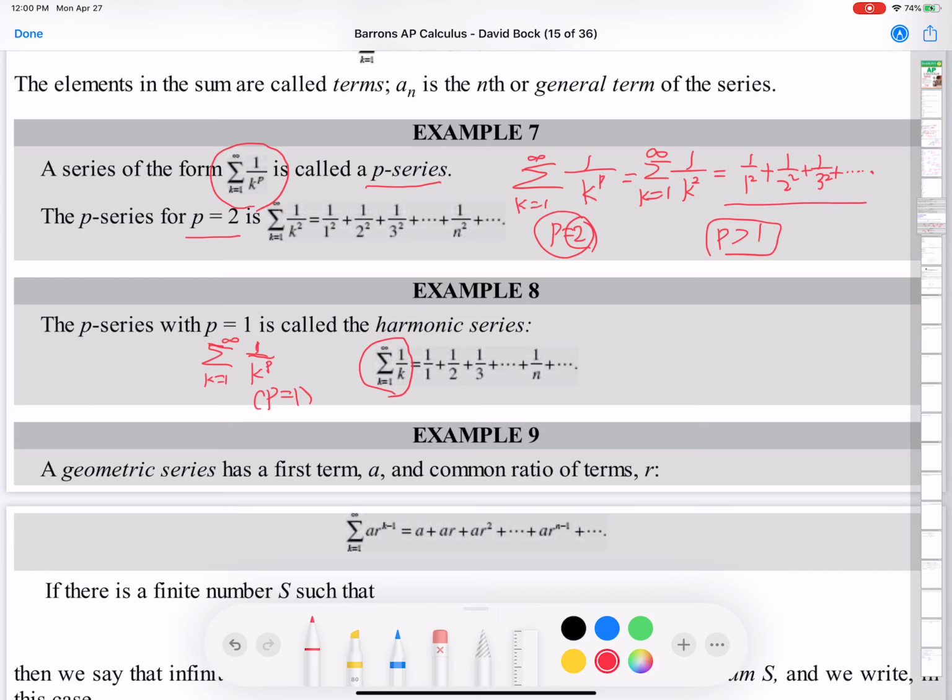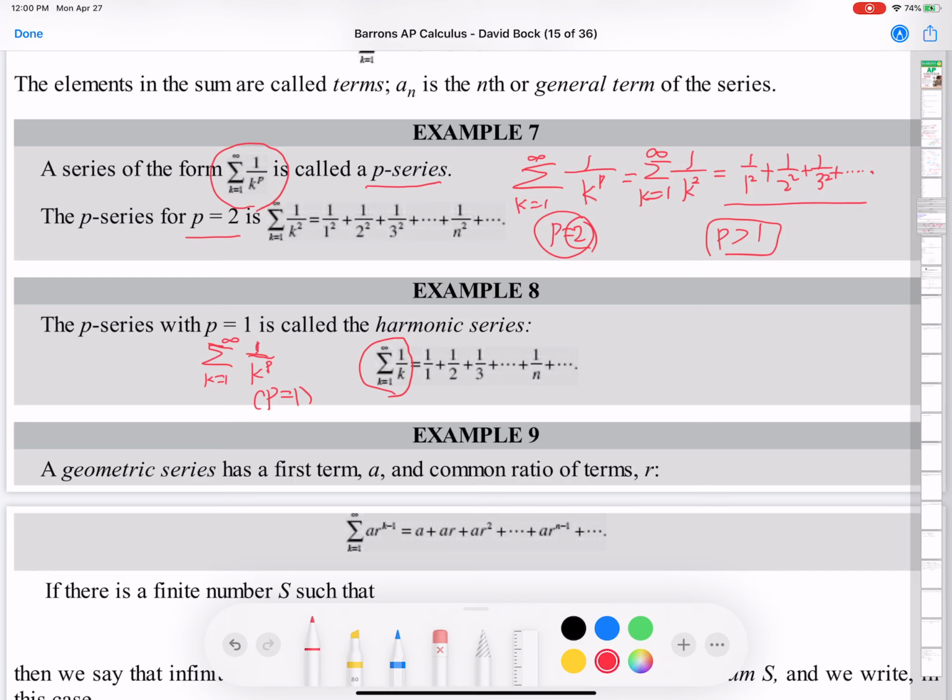I told you only when p is greater than 1 can the p-series converge, right? But when p equals 1, or p is less than 1, all those p-series are divergent. So the harmonic series is always divergent.